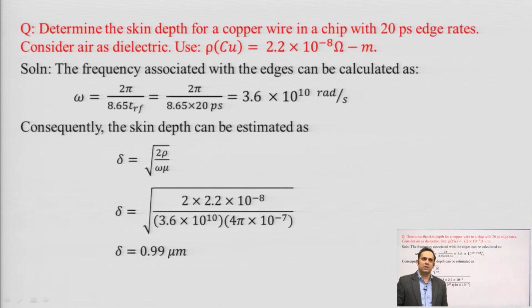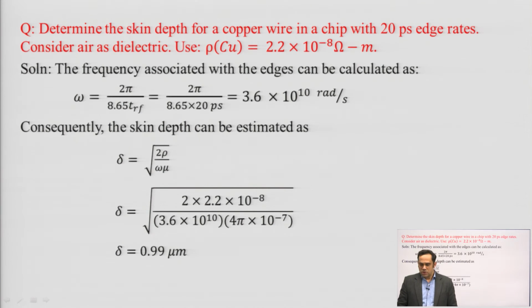So, it does not matter how thick or how wide a conductor you use in such a scenario, only about a micron from the surface inside is going to have most of the current. So, most of the current is going to be carried within the first micrometer of this copper wire.